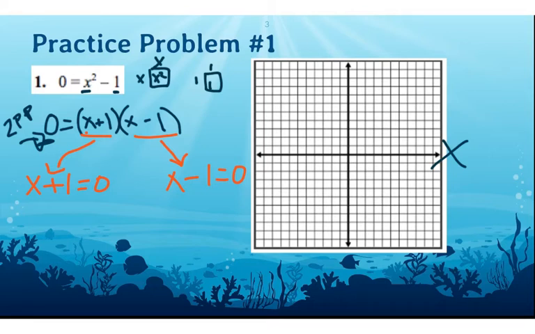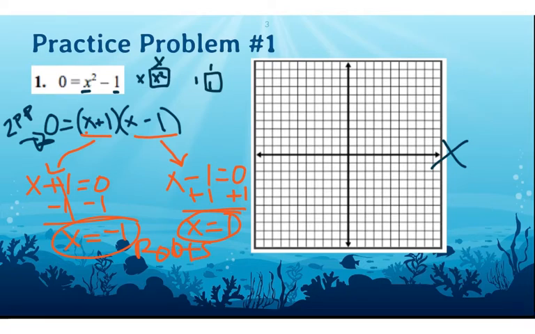All right, so now I'm just going to subtract 1 here. I'm just going to solve these. X equals -1. And here, let me solve that quickly. Here I've got x equals +1. So again, these are my roots, my solutions, my x-intercepts, right?